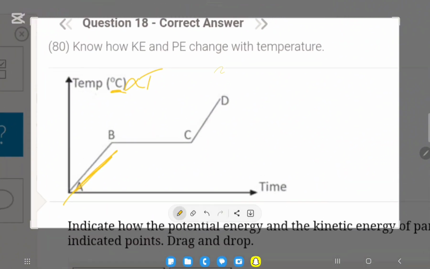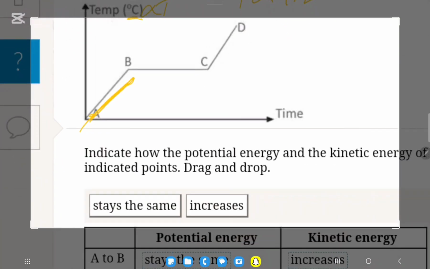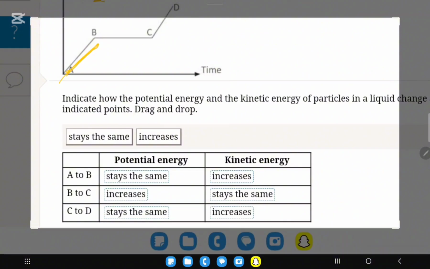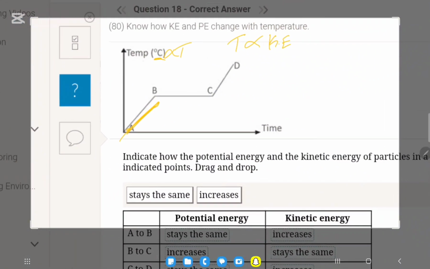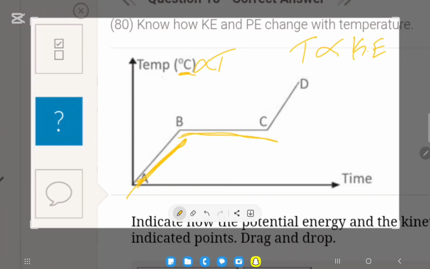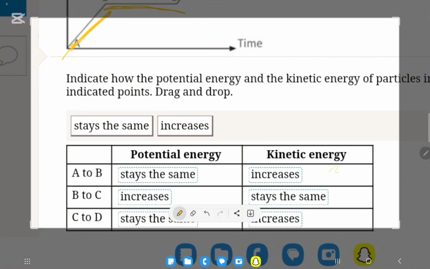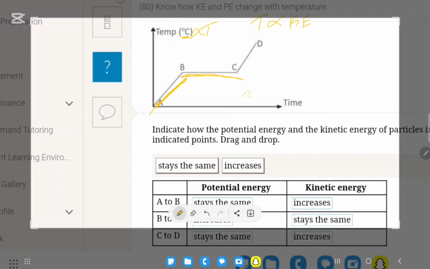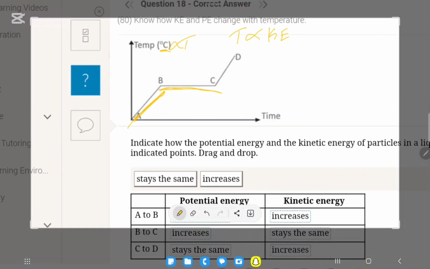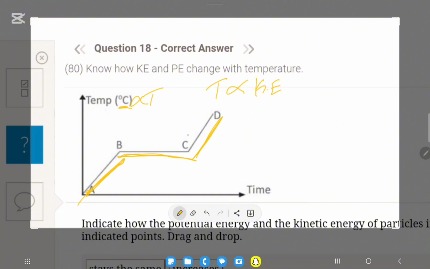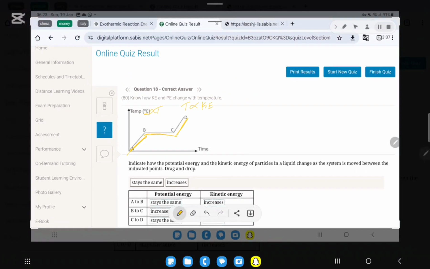And we know that T is directly proportional to KE, kinetic energy. So as the temperature goes up, kinetic energy increases and potential energy stays the same. While here, the temperature stays the same, so kinetic energy stays the same as well, and potential energy increases. And here it goes up again from C to D. Temperature goes up, kinetic energy goes up, and potential energy stays the same.